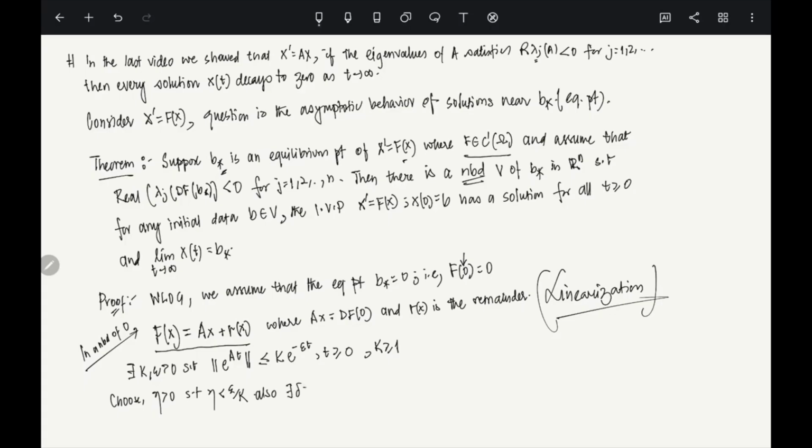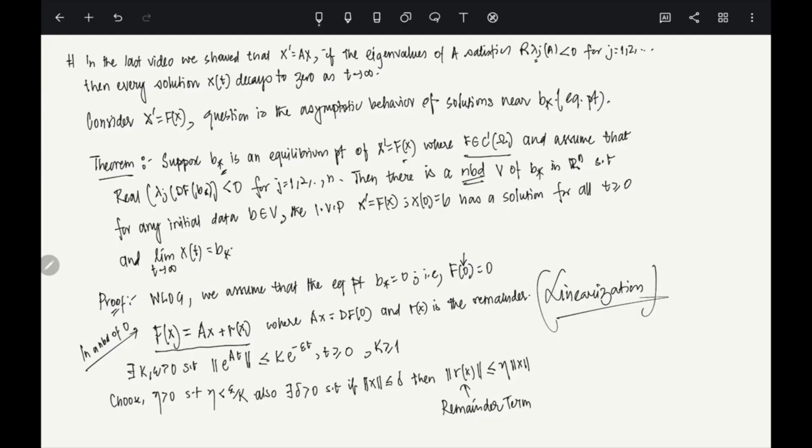There exists delta positive such that if norm of x is less than or equal to delta, then norm of Rx, the remainder term of the Taylor expansion, will be dominated by eta times norm of x. That's just the definition of the remainder term, right? So we can always do that.